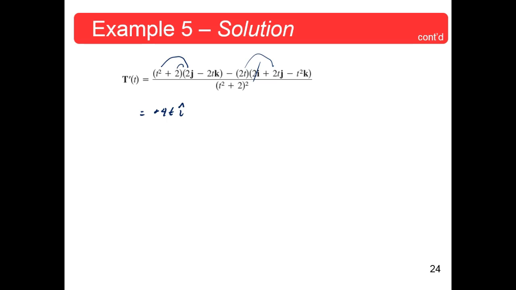So I think that's all of it. That was 2t squared, and that's going to be a minus 4t squared, so it's a minus 2t squared j plus 4j.